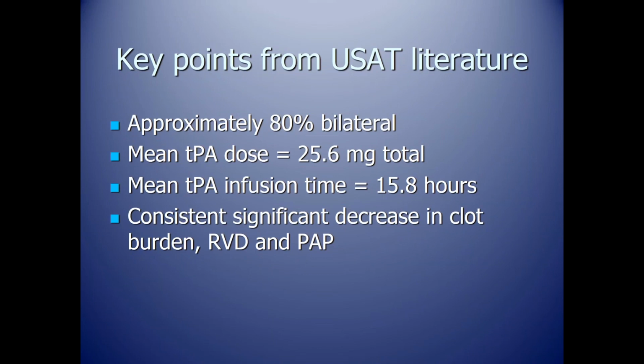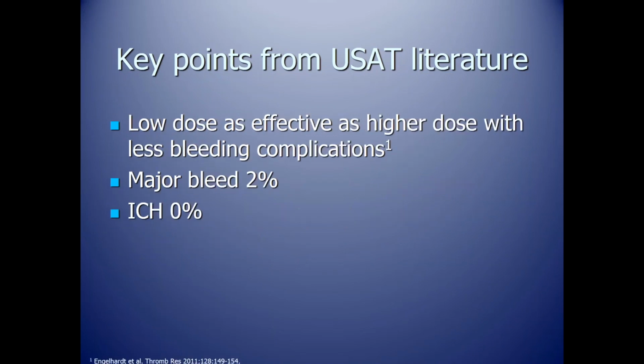About a 16-hour infusion, and even though our infusion is typically 12 hours, all of them have shown a significant decrease in clot burden, RV dysfunction, and pulmonary pressures. And again, the low doses in some of those trials were as effective as the high doses, with one caveat being a lower incidence of bleeding complications when you use the lower dose.